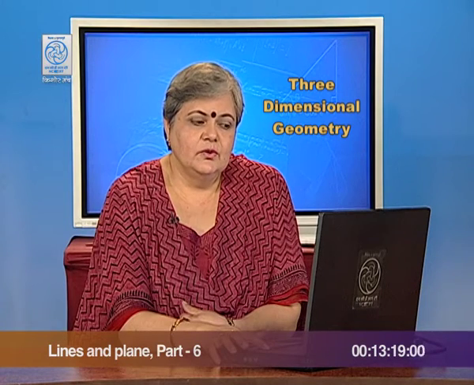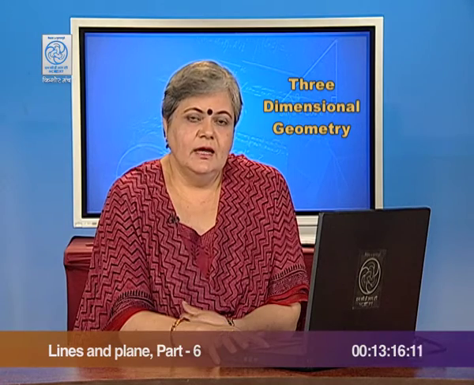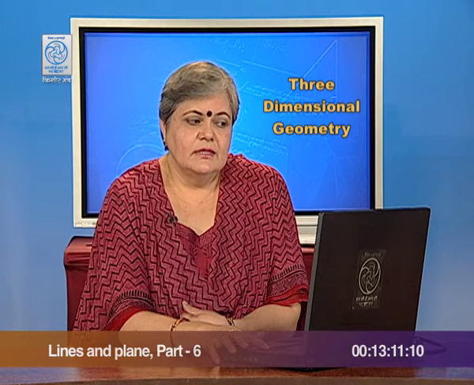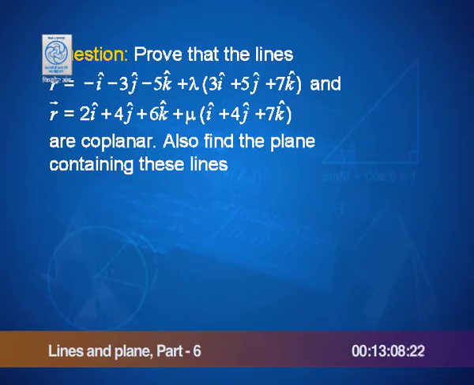It is a simple property that comes in handy. If you look at our problem here, that is exactly what it requires. We want to prove that the lines vector r equal to minus i cap minus 3j cap minus 5k cap plus lambda times 3i cap plus 5j cap plus 7k cap, and vector r equal to 2i cap plus 4j cap plus 6k cap plus mu times i cap plus 4j cap plus 7k cap are coplanar.